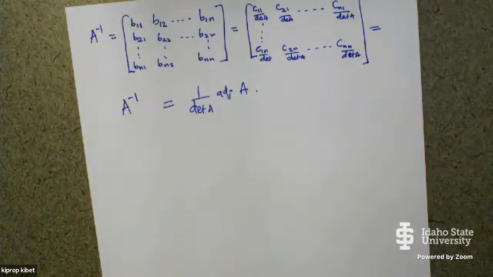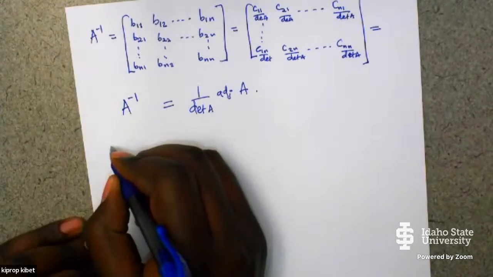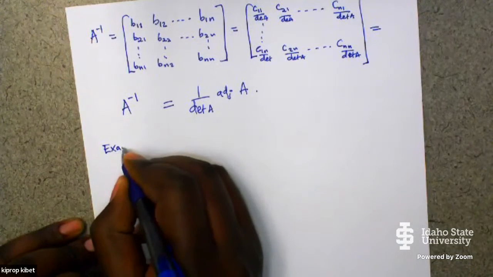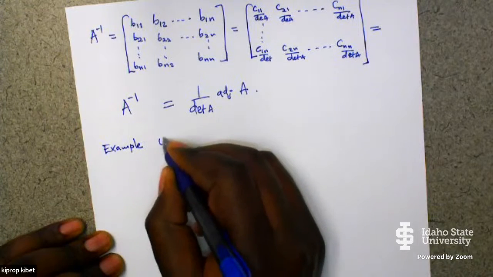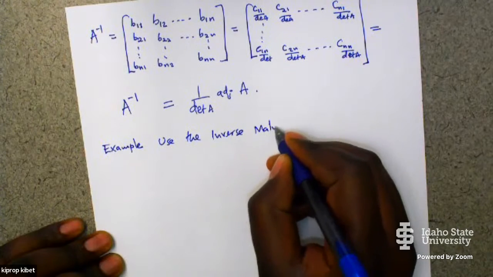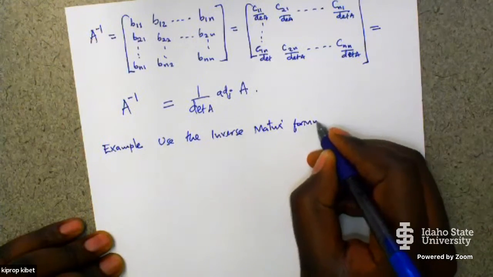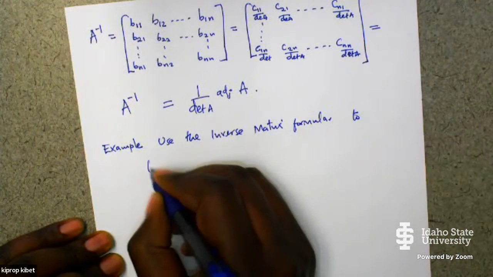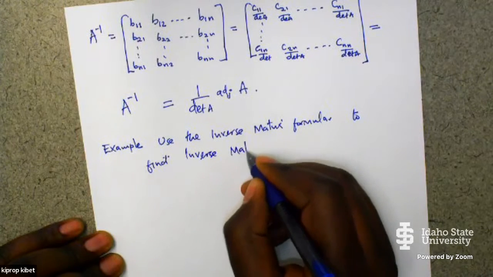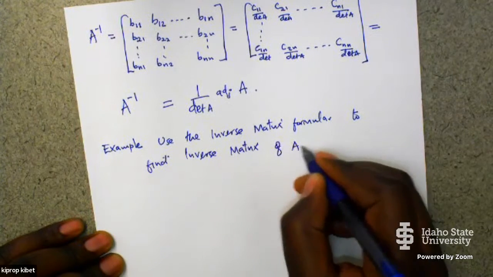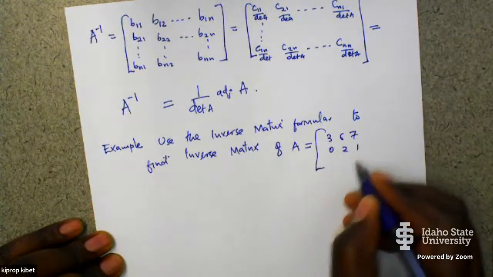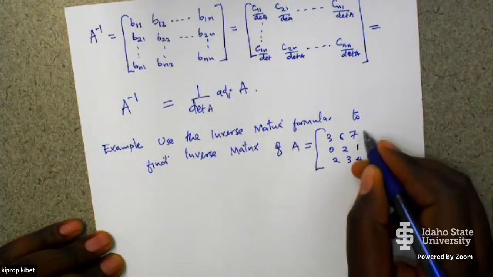Now let's get the A inverse from example number 4. Use the inverse matrix formula to find the inverse matrix of A, which is [3, 6, 7; 0, 2, 1; 2, 3, 4].